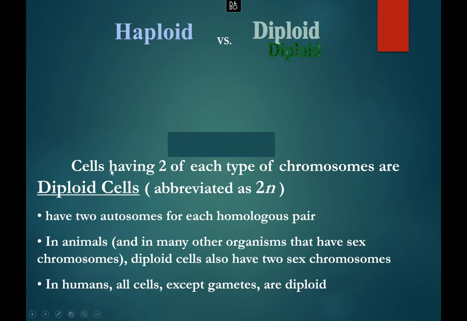So, a diploid cell has two autosomes for each homologous pair, meaning one copy from mom, one copy from dad in each pair. Our diploid number, in humans, is 46, right? So we have a total of 46 chromosomes, from 23 pairs of chromosomes.